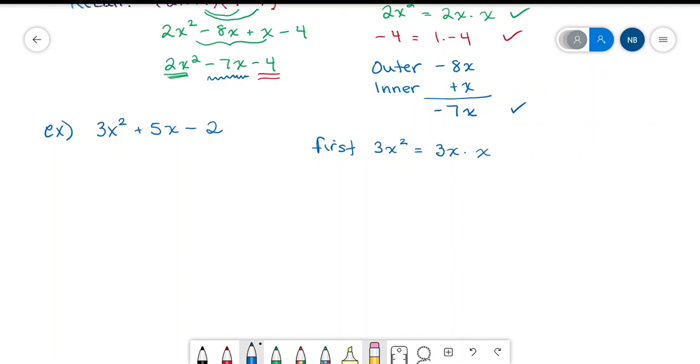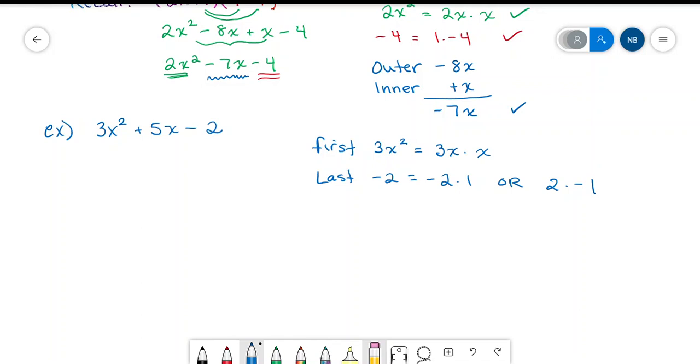Our last term is negative 2, which is easily factored into negative 2 times 1, or, of course, positive 2 times negative 1. Remember, a negative is equal to a positive times a negative. So one of the 2 factors has to be negative.